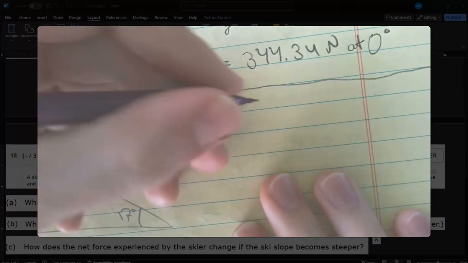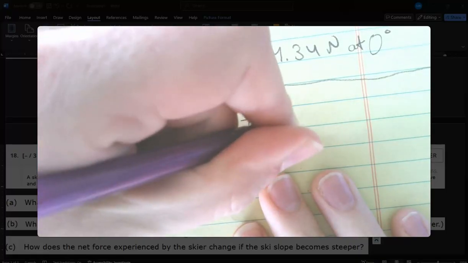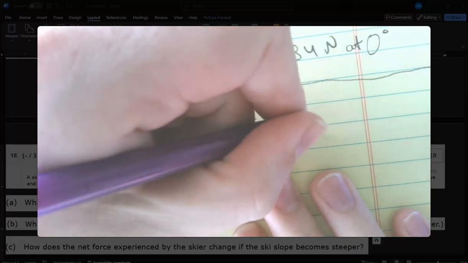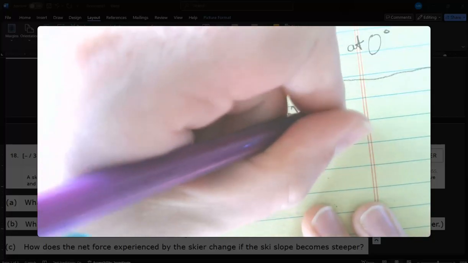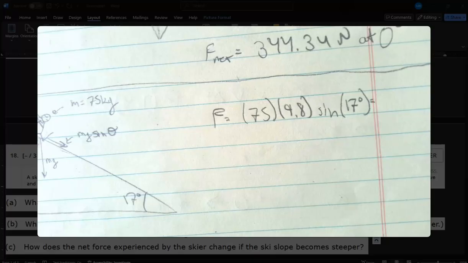All right. So our force is equal to a mass, which is 75, times g, which is 9.8, times the sine of 17 degrees. So 75 times 9.8 times the sine of 17 degrees.